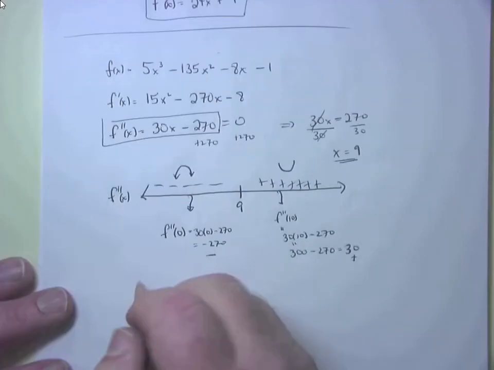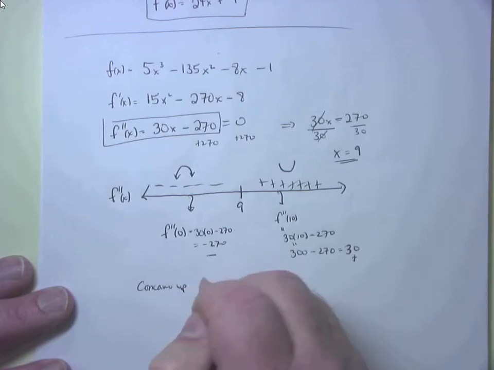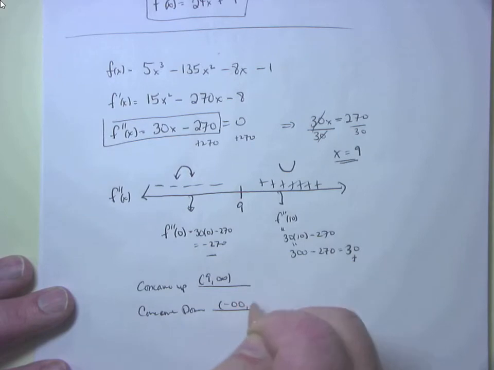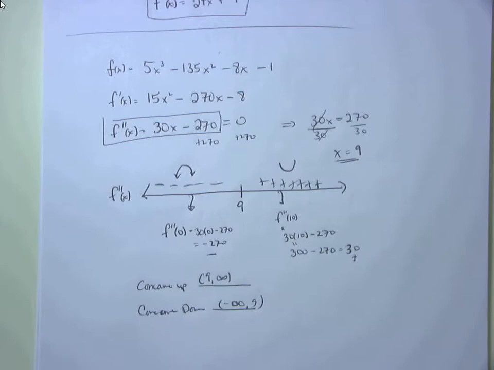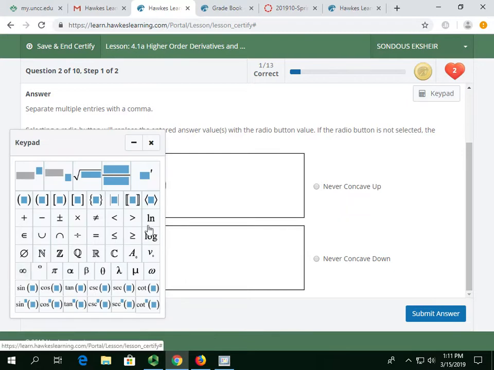So to answer their question, it is concave up on the interval between 9 and infinity, and it is concave down on the interval between negative infinity and 9. Does that make sense? So I'm going to go type that in now. Concave up, parentheses, it was 9 comma, and now I need my keypad for my infinity symbol there.